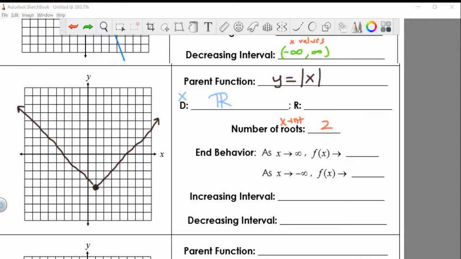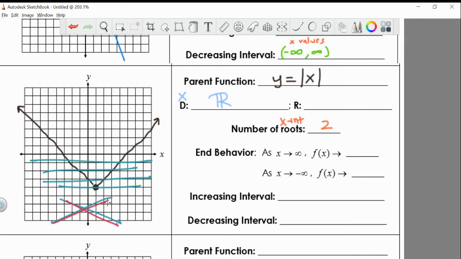Okay, let's talk about range here. Is my graph going up? Is it going up forever? Yes. So my graph is going up forever. Is my graph going down forever? Yes, yes, yes, yes, no. Right? So we have an issue here.